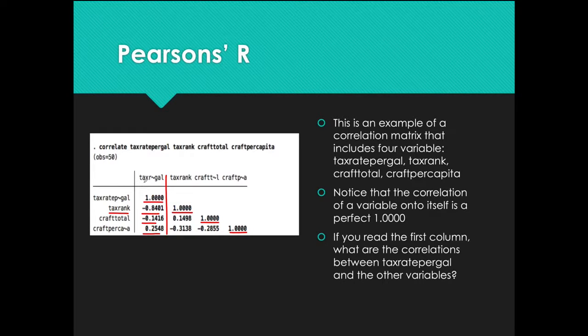What's important here is that if this were a simple bivariate table, you'd only have two variables. You'd get tax rate per gallon and tax rank, and it would be much smaller. It would just be like these first four cells. But this is very easy to accommodate for multivariate settings. Obviously, in each case, you're only looking at one variable and its correlation to another variable at any given time. But this matrix can accommodate many different variables at once.